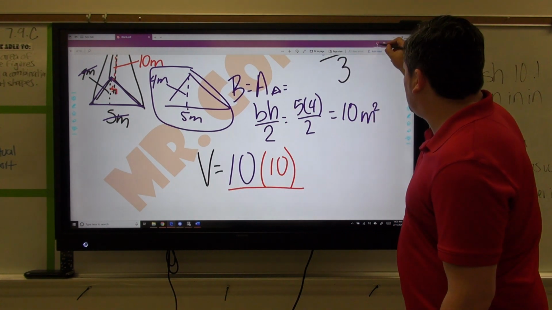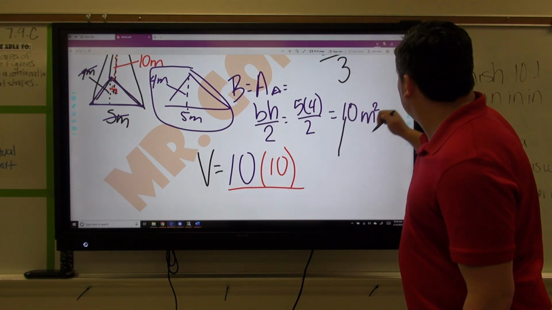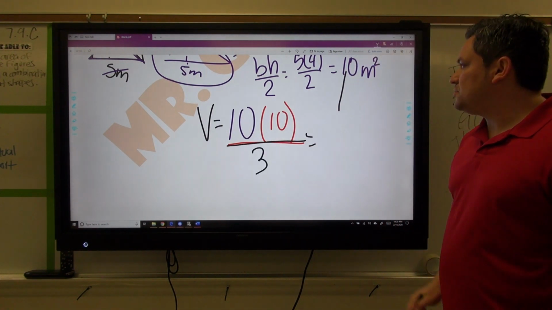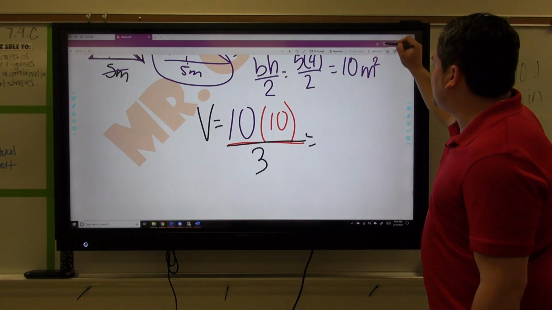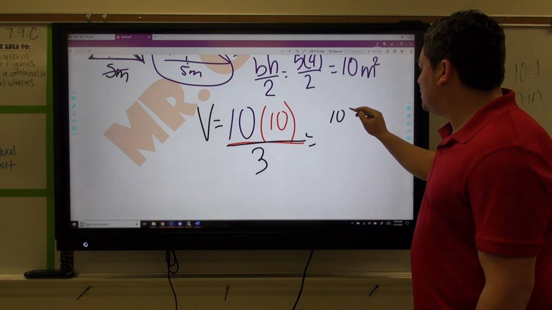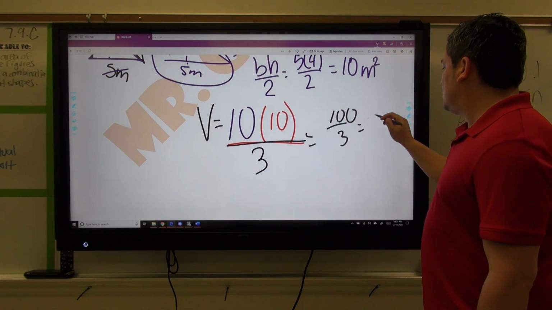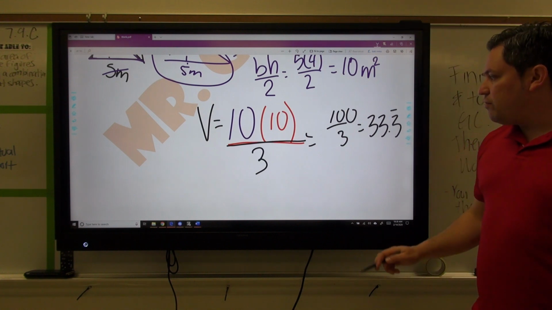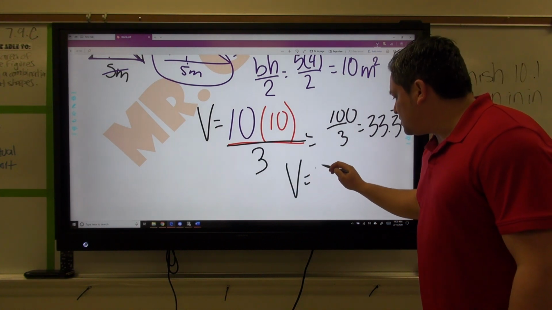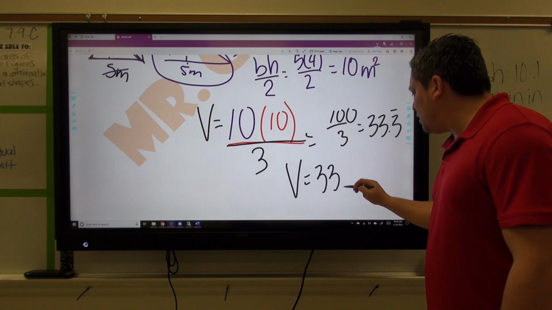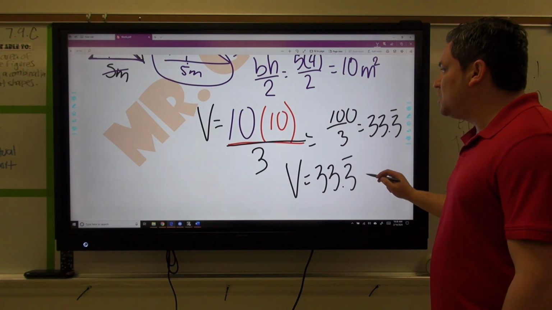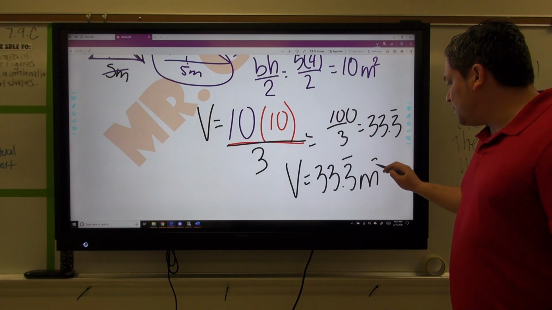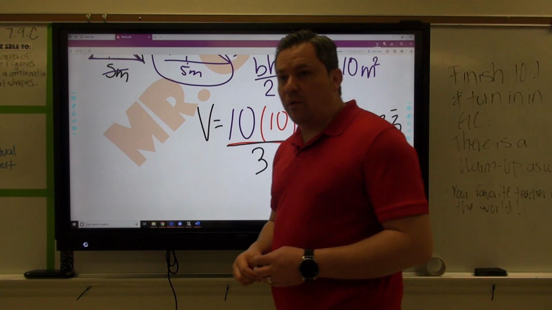You divide the whole thing by 3. So what's 10 times 10? 100. 100 divided by 3? 33.3 repeating. So the volume is 33 and a third, or 33.3 repeating meters cubed. Any questions on that one?